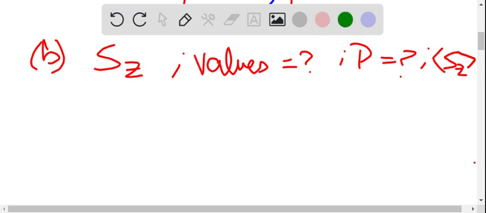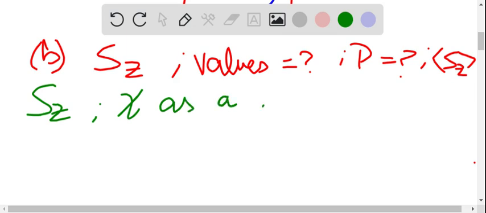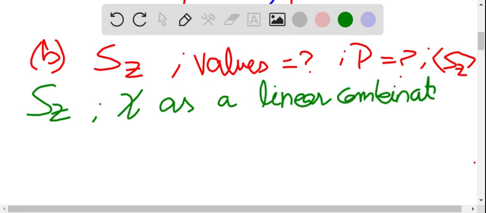First of all, we need to find the possible values of S sub z. For that, we need to write chi as a linear combination of the eigenspinors of S sub z.